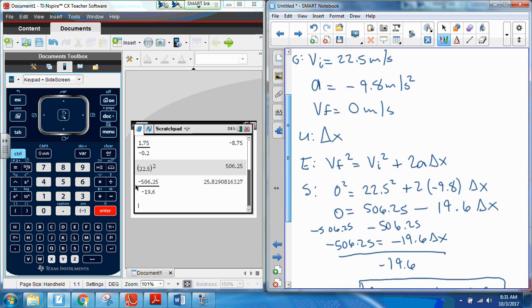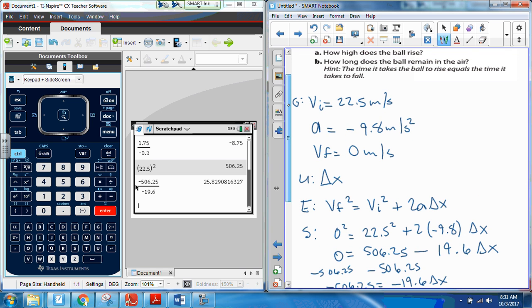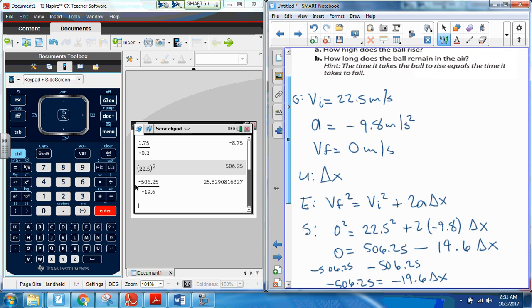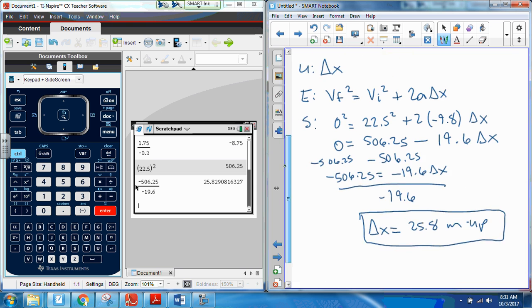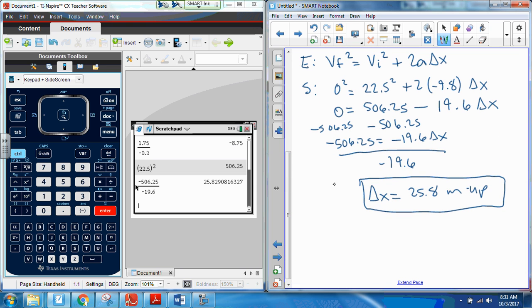All right. It says, how long does the ball remain in the air? Okay, so the unknown is time. But before I do any of that, let's go and rewrite our givens for this part of the problem.